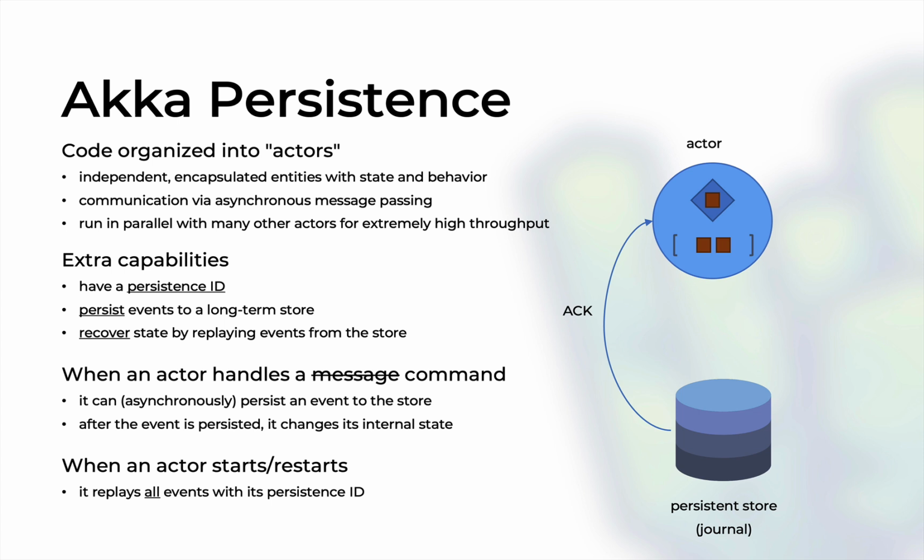This will be transparent to us as programmers, and when the actor receives this acknowledgement, it will change its internal state, and as an effect of that, it might send messages to other actors in the system. As I mentioned, we have lots and lots of actors in an Akka Persistence system. And after the actor is done with the message, it will simply discard it and dequeue further messages for as long as it holds that particular thread.